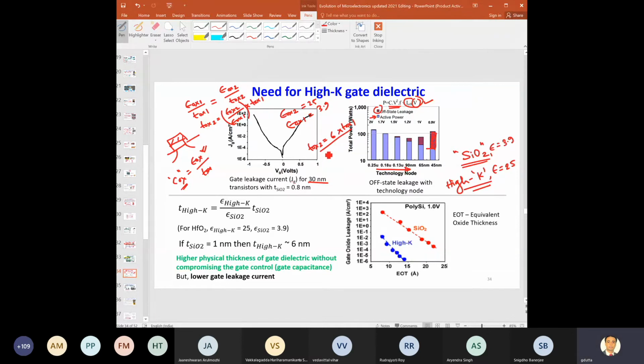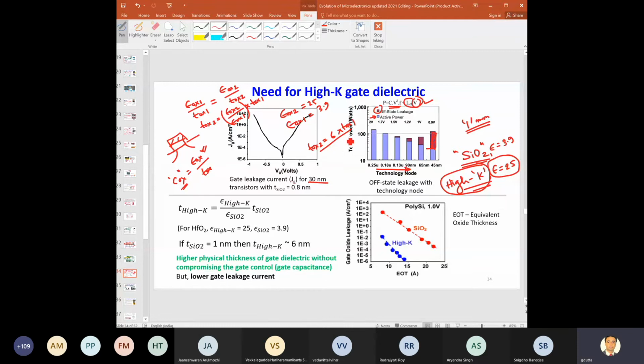Have you understood what I am trying to say? If the high K material has a dielectric constant of 25, then you can have 6 times the thickness. Suppose the silicon dioxide thickness is 1 nanometer.